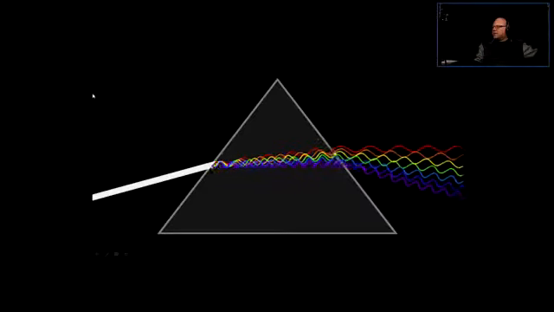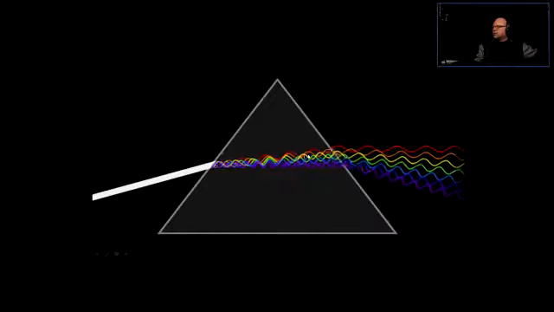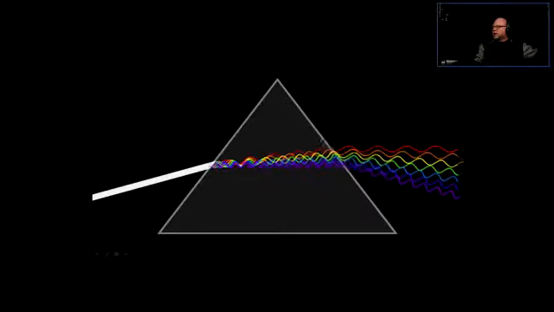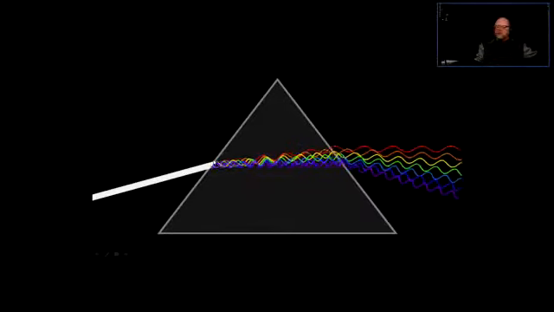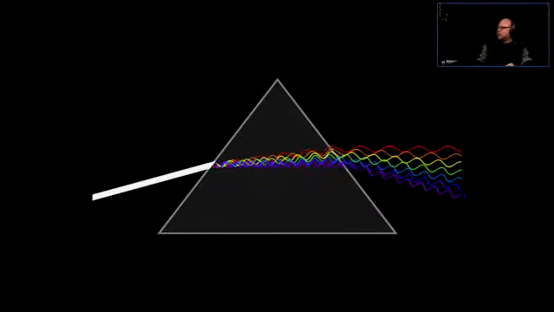If the light was traveling perpendicularly to the interface, it would not split into colors, but it would just get slowed down. But when the light enters under an angle, then we're going to split the light into different frequencies.